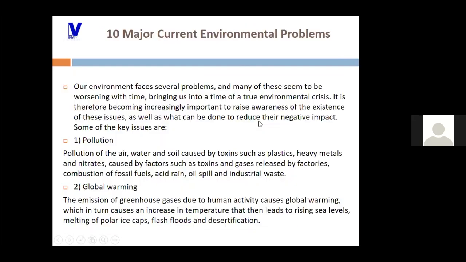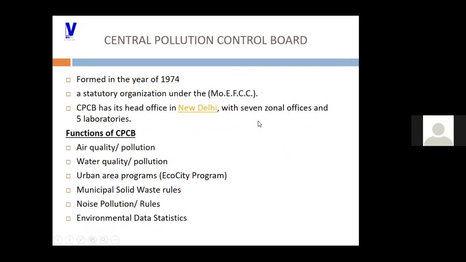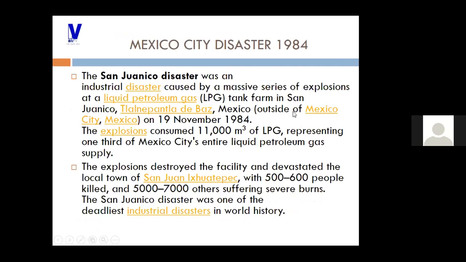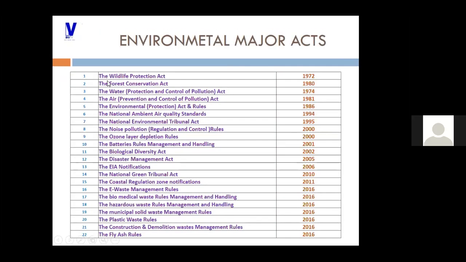series, next week we are going to concentrate on TNPCB, the Tamil Nadu Pollution Control Board, because among these 22 acts, rules, regulations and standards, we can take one sample of the Tamil Nadu Pollution Control Board.